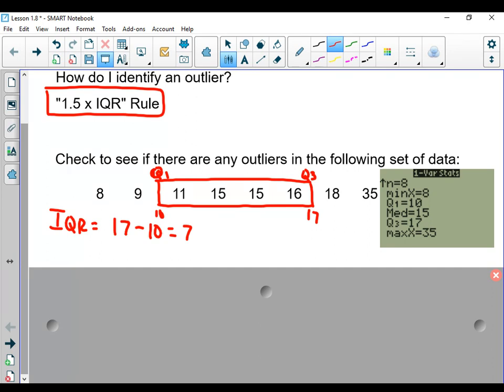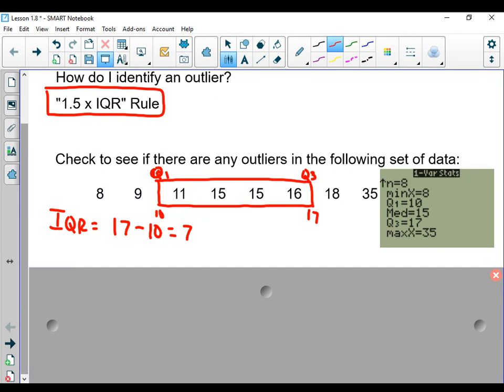That's the middle part, or kind of the meat of our data. Well, if I'm going to have an outlier, the outlier really has to fall on the high end or the low end, because it's one of those values that's kind of out by itself.